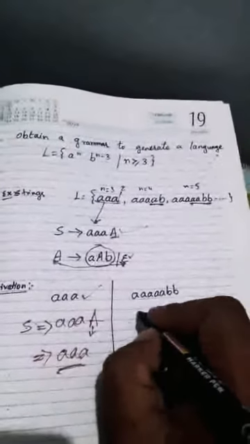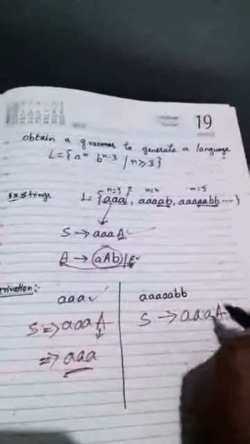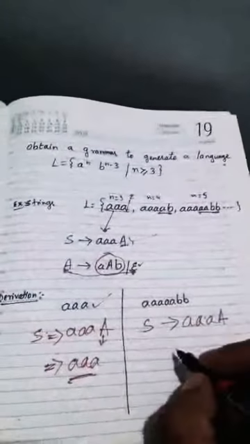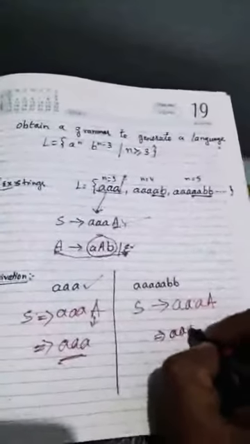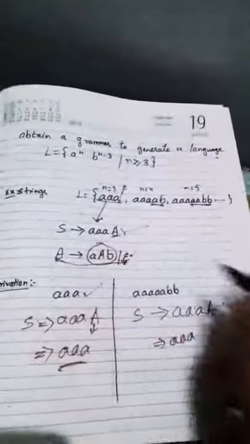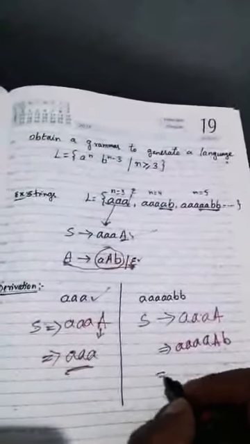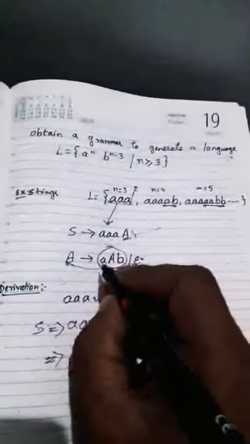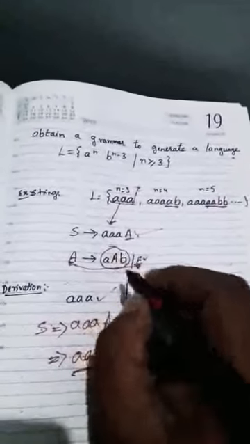S tends to a is the first production you have got. Now we will write the first 3 a's as it is. For this capital A, I will take the first production, that is a capital A B. See, this is for a power n, b power n, if you remember.